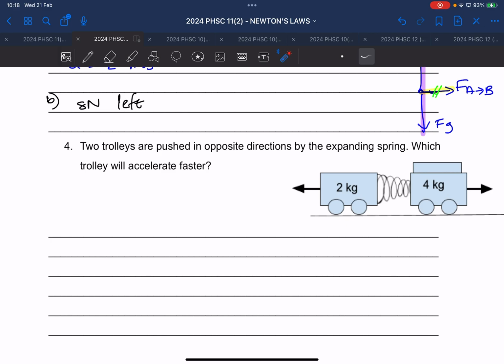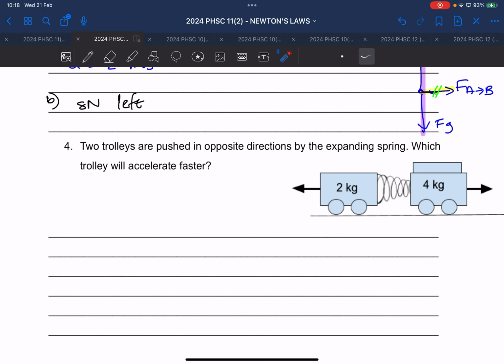Kali, which one? So you think the heavier one will accelerate faster? The lighter one accelerates faster. Why? Because according to Newton's second law, acceleration is inversely proportional to the mass of the object.